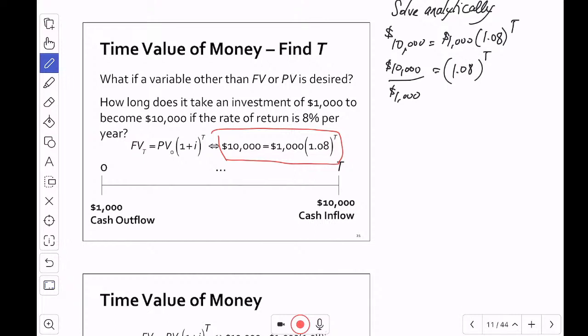The inverse operation of an exponent is what? Notice this, I cancel the units as well. So the inverse operation is to take a logarithm. Okay, so logarithms are the inverse operations of exponents.